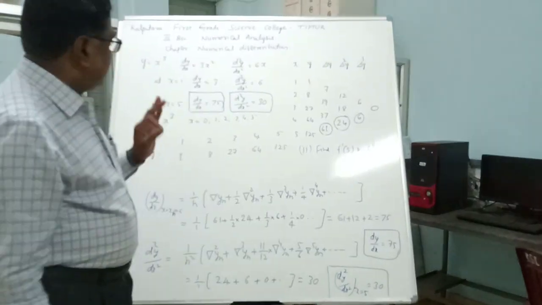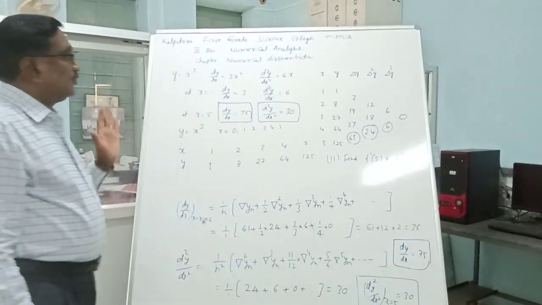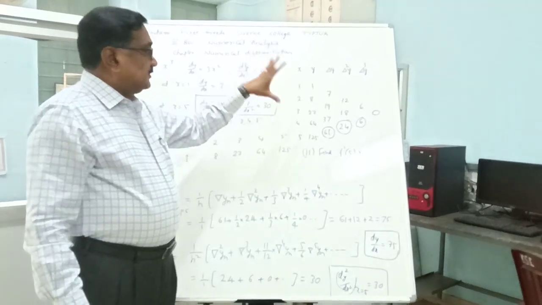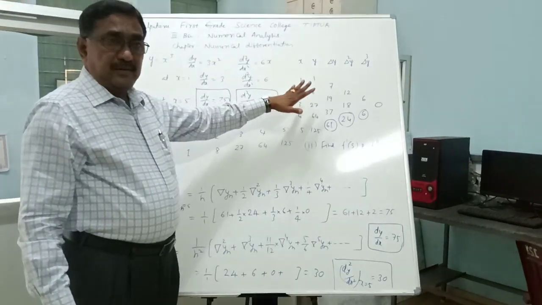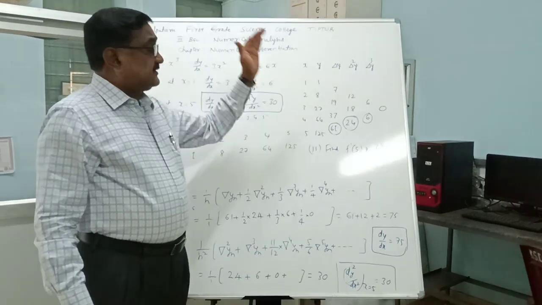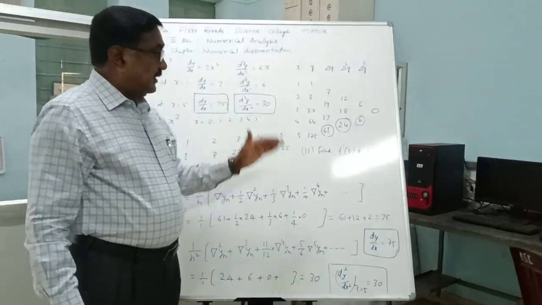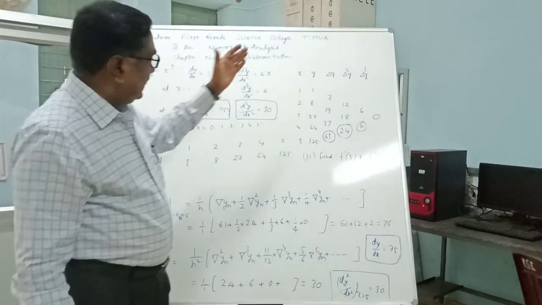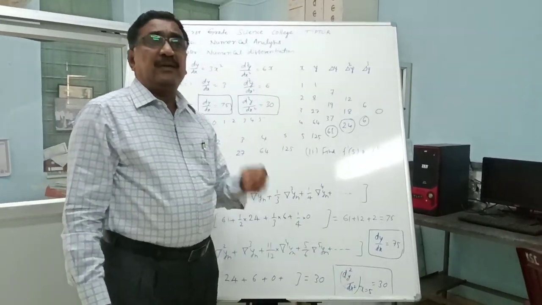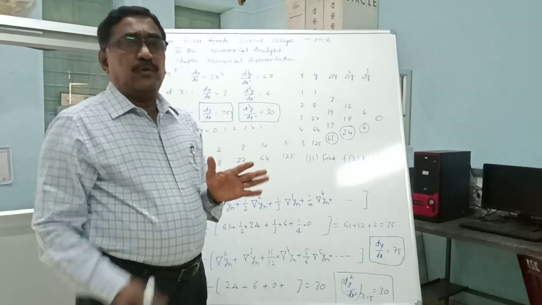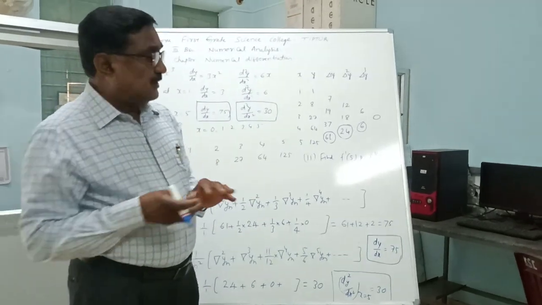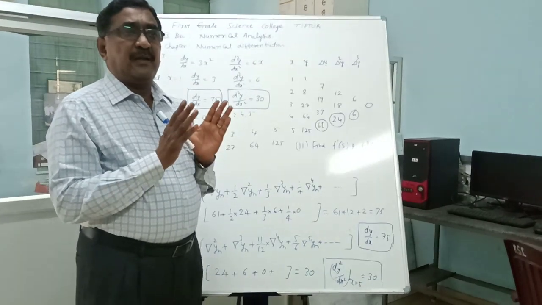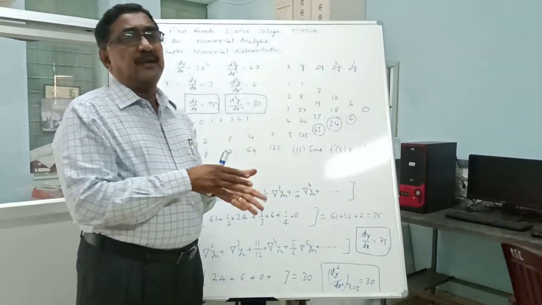This is a very simple example that I have taken to understand numerical differentiation. We have to adopt the same method for any given example, whether lengthy or simple. You have to observe these points. First, observe whether the required derivative lies at the beginning of the table or at the end of the table.